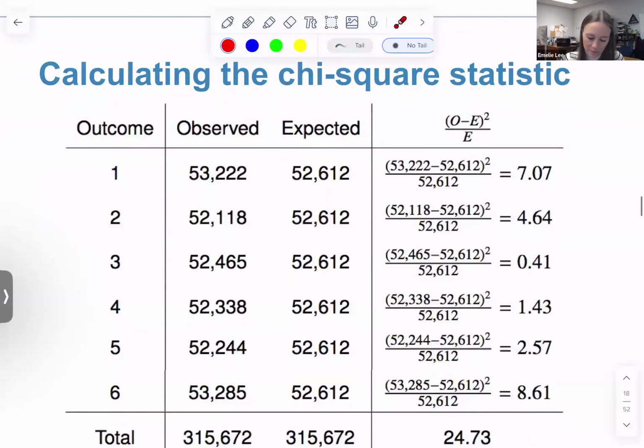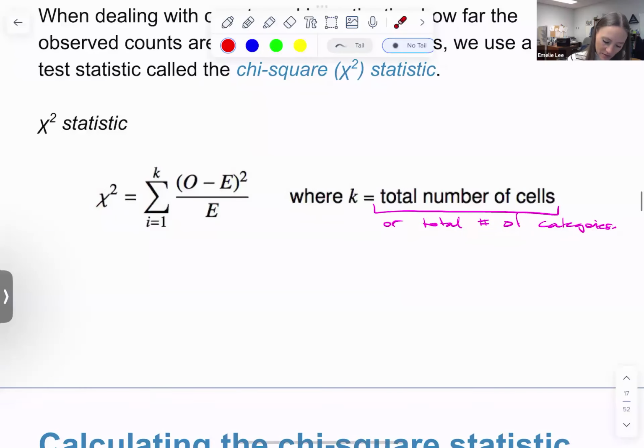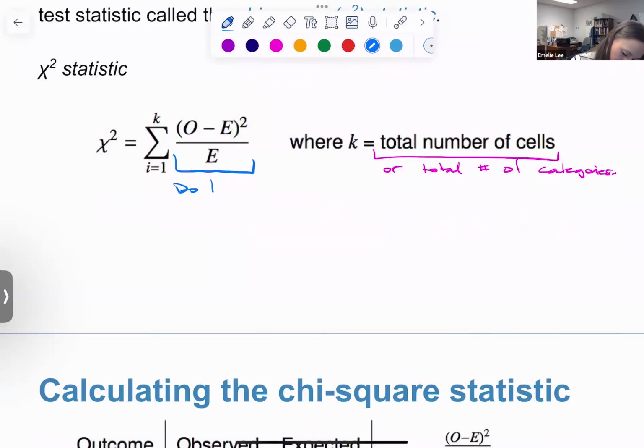But let's remind ourselves here, the chi-squared is the sum from i equals 1 to k, all through the categories, of the observed minus the expected, squared, divided by the expected, which means we need to do this calculation for each category and then add them all up.